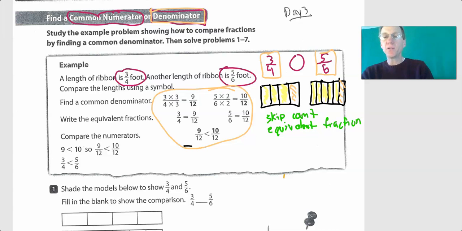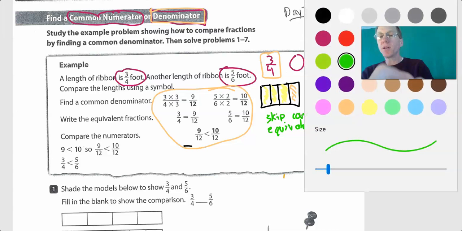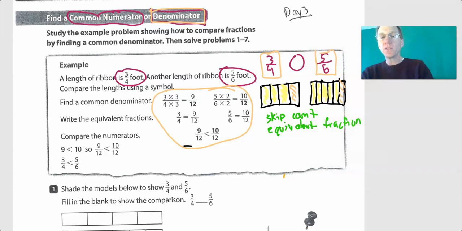Don't let it intimidate you. So if we skip count by 4 and 6, so skip count by 4, I have 4, 8, 12, 16, okay? And what's going on here is I'm saying if I have 4 slices to make a whole, if I cut everything into 2 parts, I'll just do that right across here like this, then I would have 8 to make a whole.